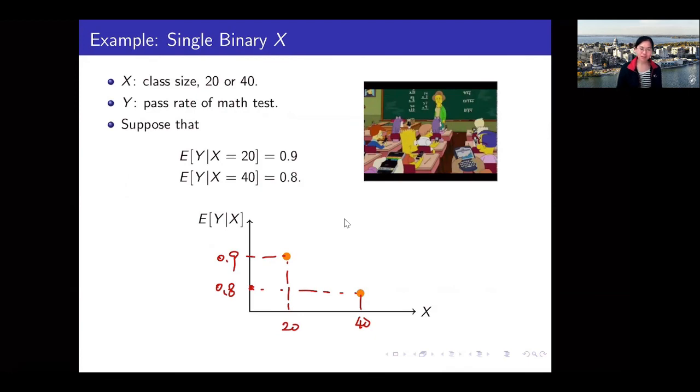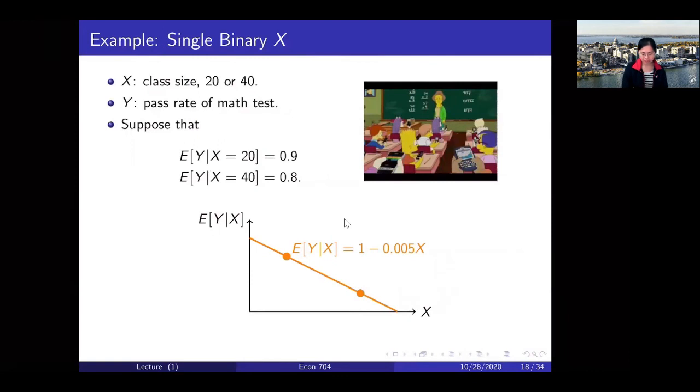And there is always a line through these 2 points. You can draw that line, and you can compute the intercept and the slope of that line. So for this conditional expectation relationship, the linear conditional mean model looks like this. This is our beta 0, and this is the beta 1. Conditional mean of y given x in this case equals 1 minus 0.005x.